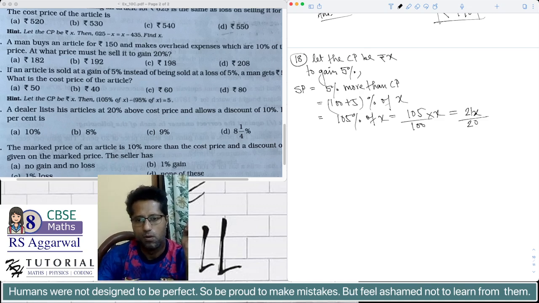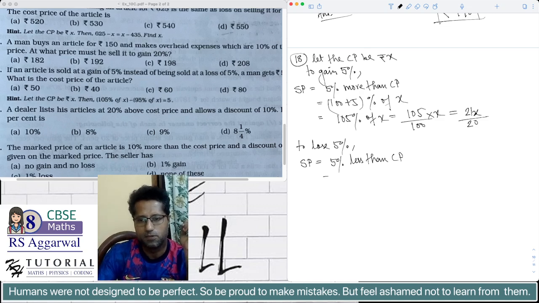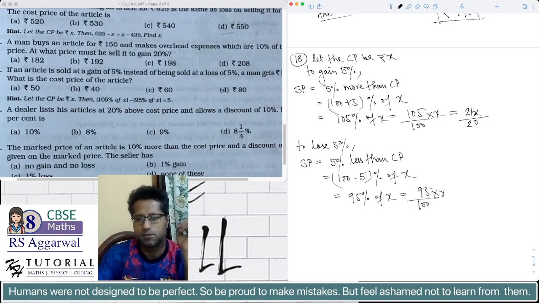Now, if there is a loss of 5%, the selling price has to be equal to 5% less than the cost price. 5% less means 100 minus 5% of cost price, which is X. This is 95% of X, which is equal to 95 by 100 multiplied by X. This is equal to 19X by 20.